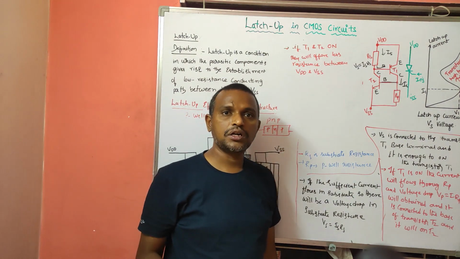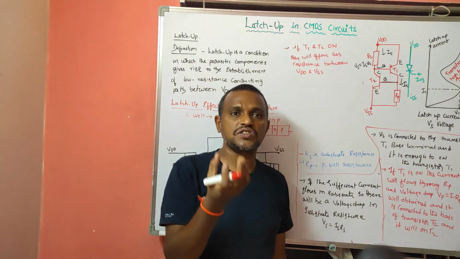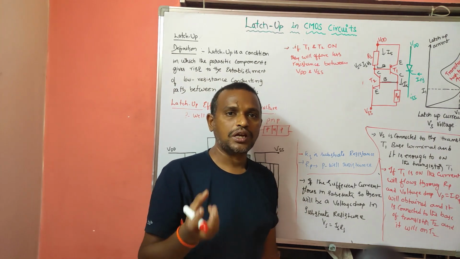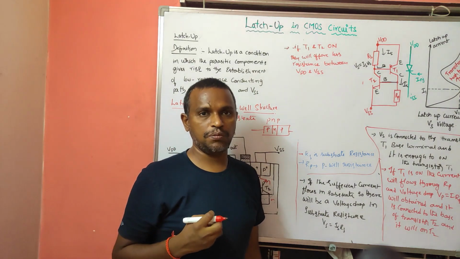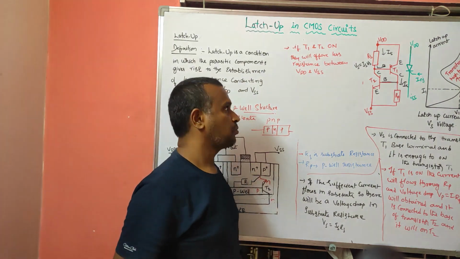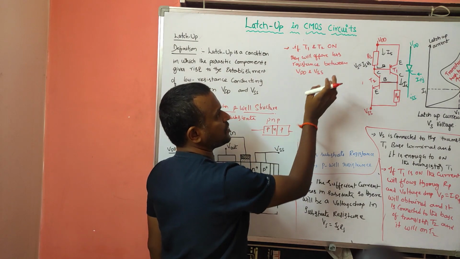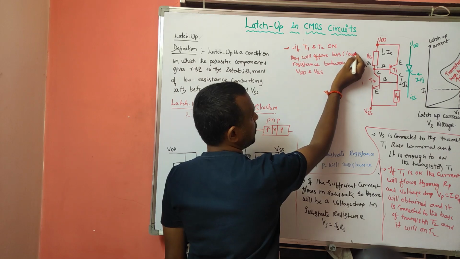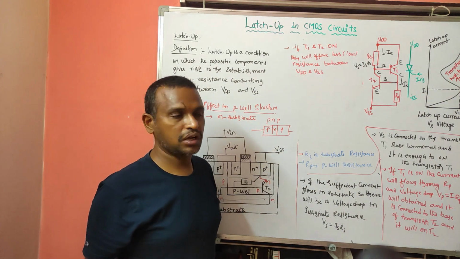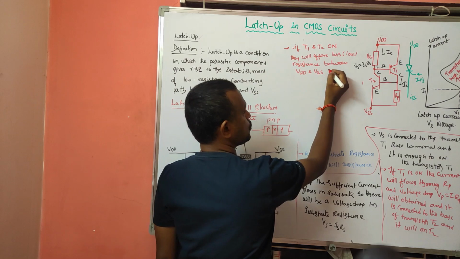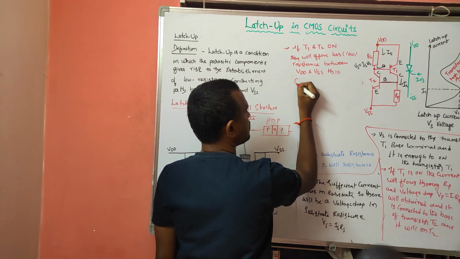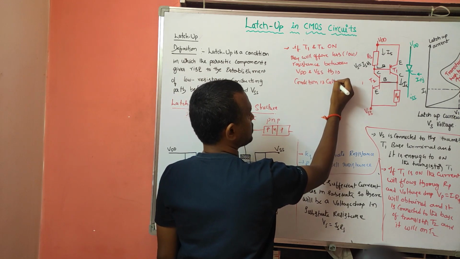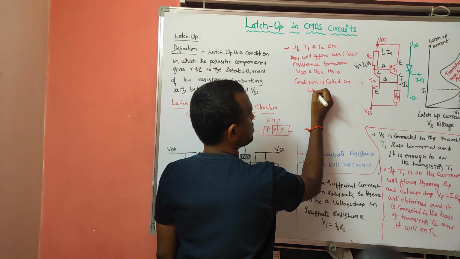When a transistor is in saturation, it will offer very little resistance. So transistors T1 and T2 offer less resistance, and because of that, there is a low resistance path between VDD and VSS. So this condition is called latch-up.